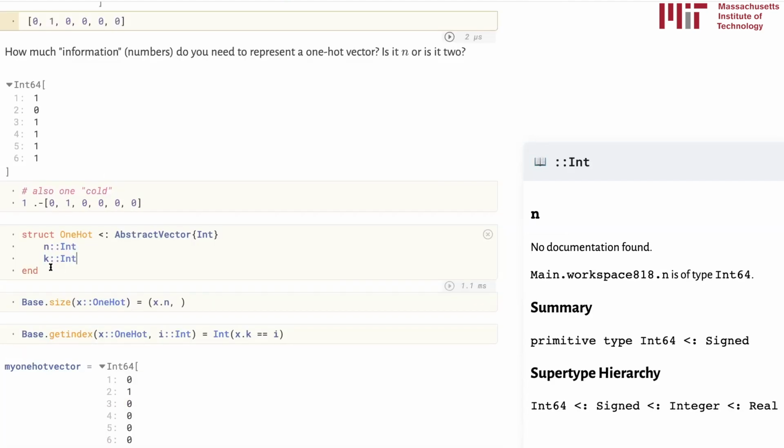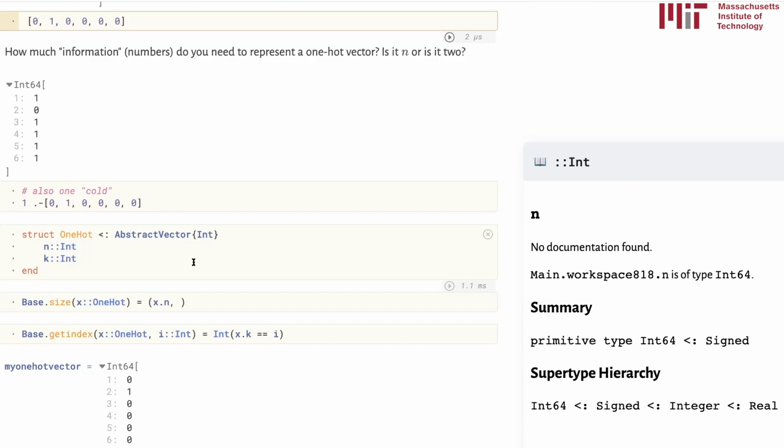This is how we build a one hot object in Julia using just 2 numbers. So a Julia type is created with the word struct. It's going to be built from 2 numbers, n and k. That's all that's really going to be in there, the n and the k. And here there's a little bit of punctuation, this less than colon. What does that mean? Julia's full of all this kind of punctuation. This says that OneHat is going to be a subtype of an abstract vector of integers.